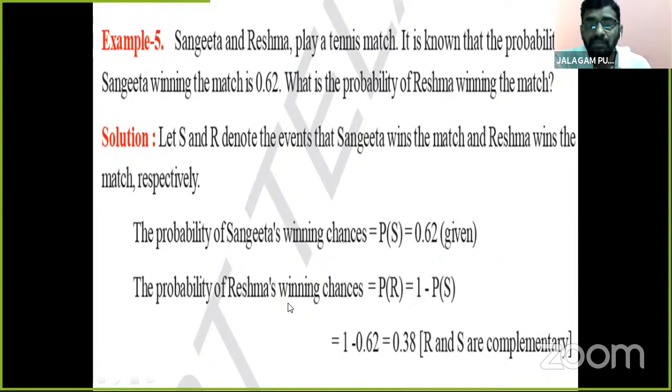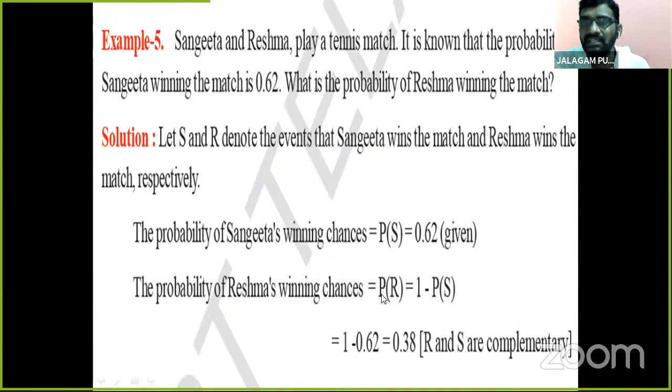And the probability of Reshma's winning: here P of S plus P of R is equal to 1. Here R means not S. So P of E plus P of not E, like that.